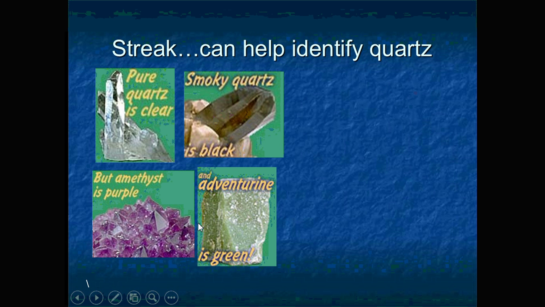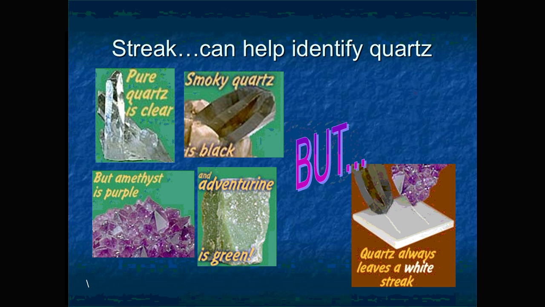And we have the aventurine, which is green in color. This is the color of the minerals as described in the picture. Now, if we perform the streak test, all of them would actually give a white streak.